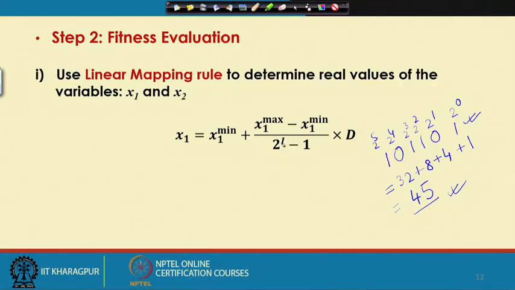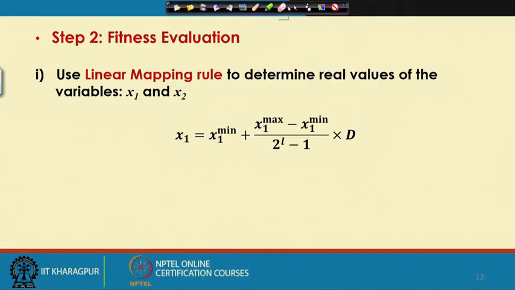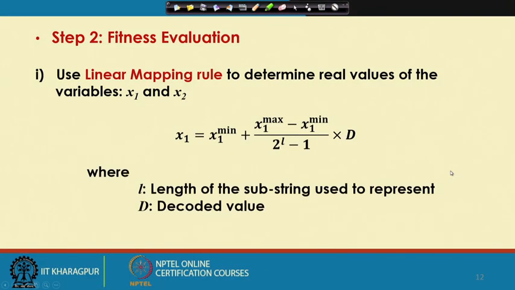By following the same procedure, I can also find out the real value for x 2. Once you have the real values for x 1 and x 2, I can substitute them in the expression of the objective function and find out the function value.